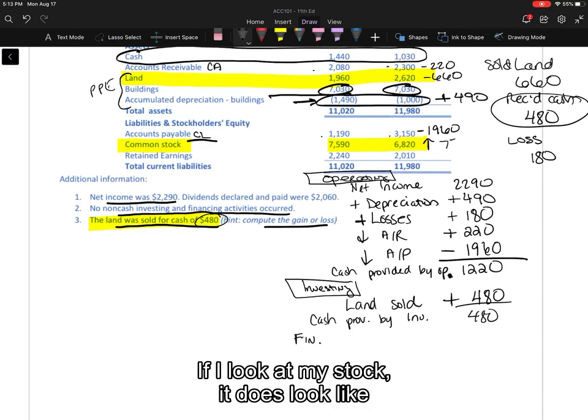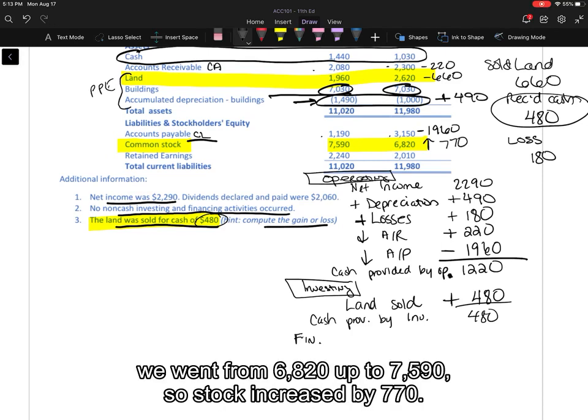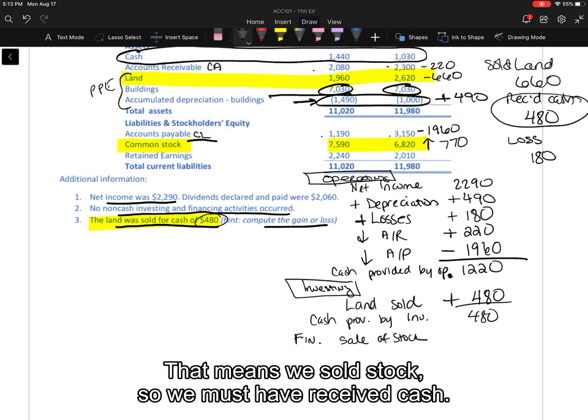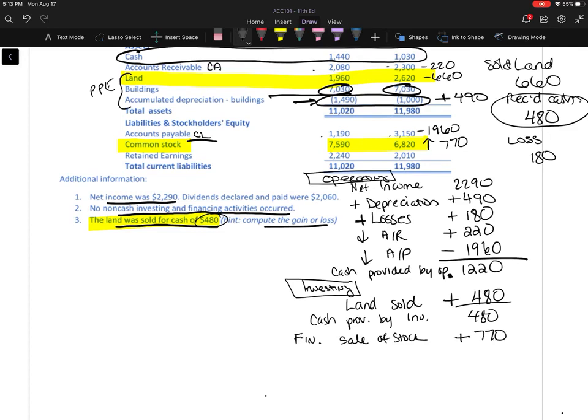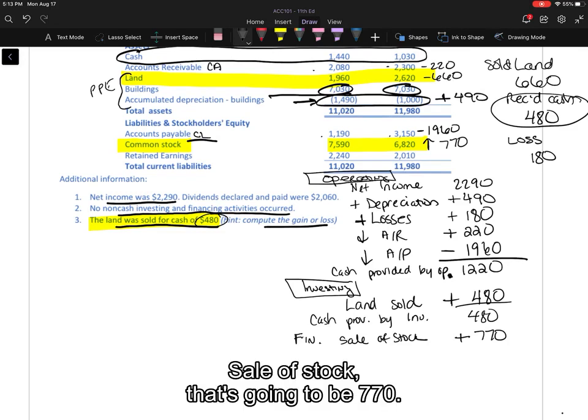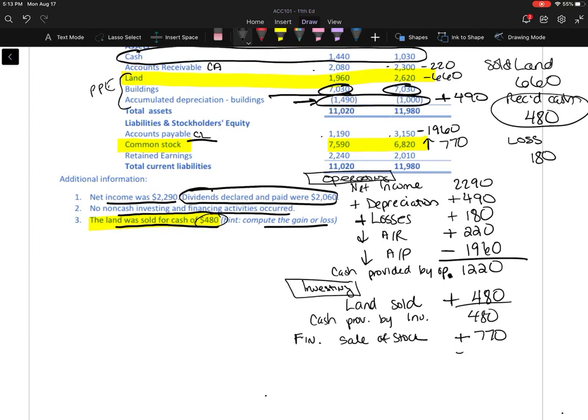So if I look at my stock, it does look like we went from $68.20 up to $75.90. So stock increased by $7.70. That means we sold stock, so we must have received cash. Okay, so sale of stock, that's going to be $7.70.